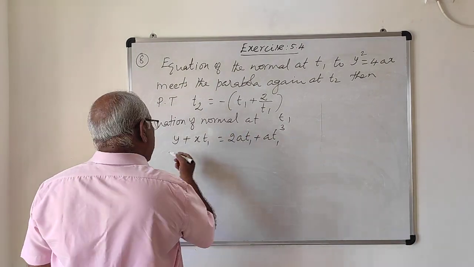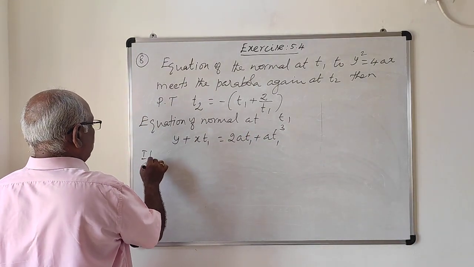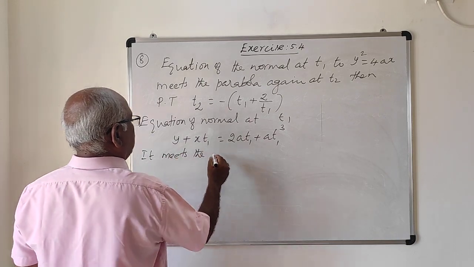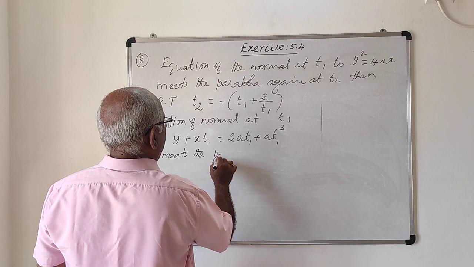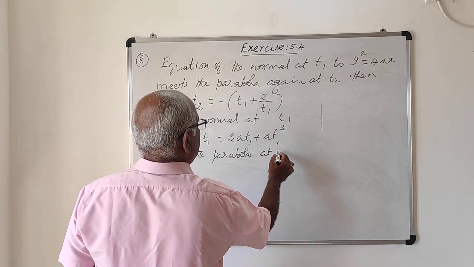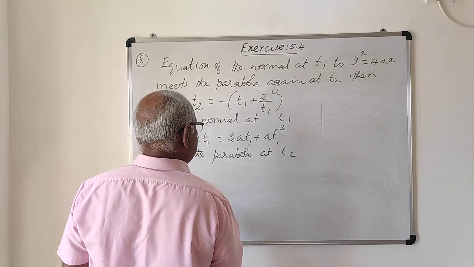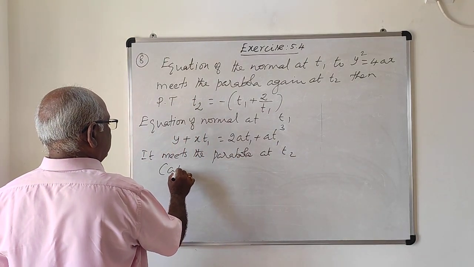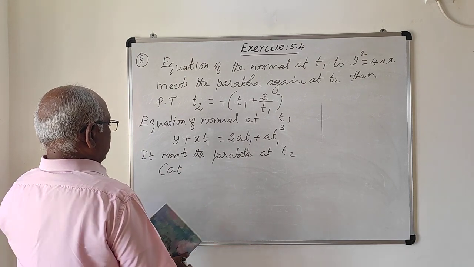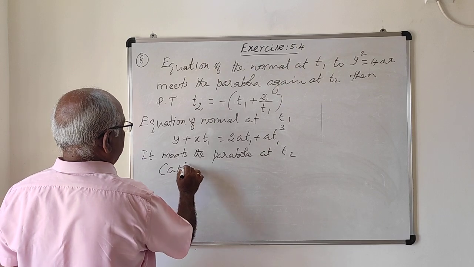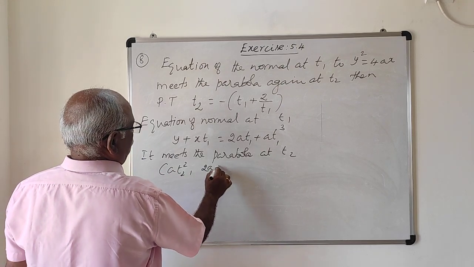It meets the parabola again at t2. That means it meets the parabola at the point (a t2 square, 2a t2).